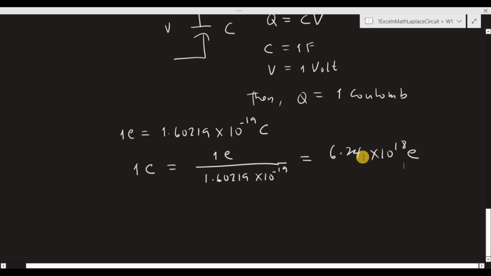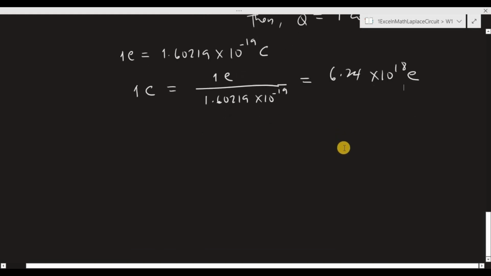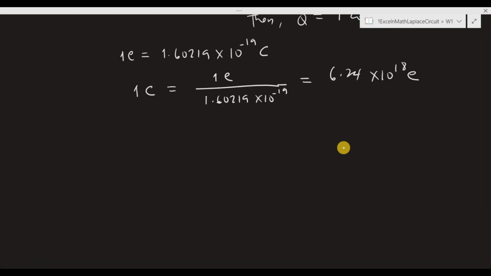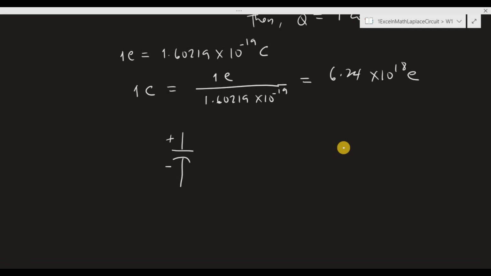So what is the meaning of this data? If this is our capacitor, this is the positive plate and this is the negative plate. The positive plate, although it is positively charged, still contains some electrons. Let's say the number of electrons in the positive plate is n plus, and the number of electrons in the negative plate is n minus.